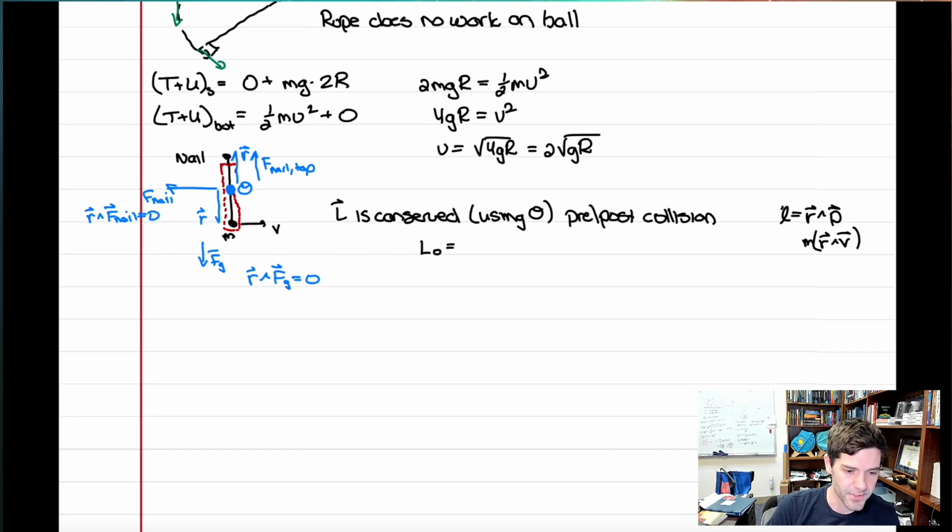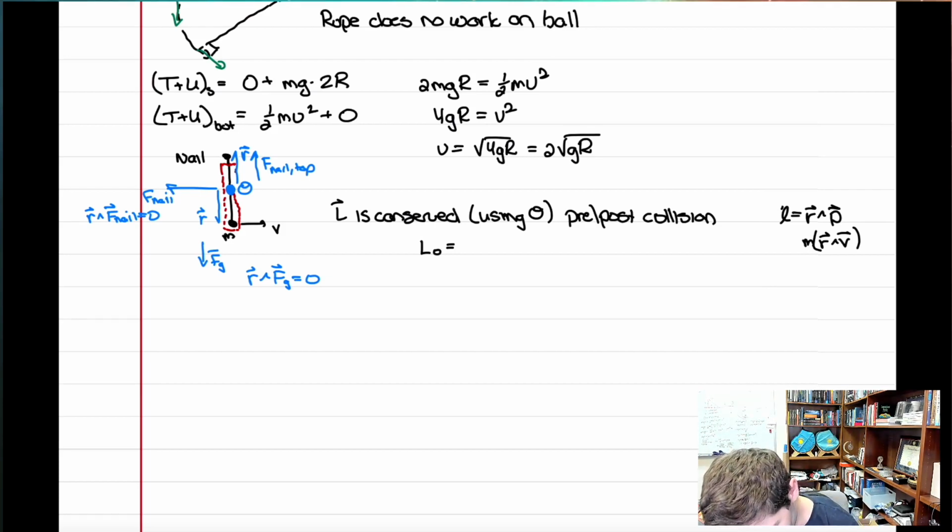From that particular origin, the position vector is pointing straight down, the velocity vector is pointing straight to the right. So they are perpendicular to one another, so it's the sine of 90 degrees, which is 1. And it's going to be counterclockwise motion, which is positive.